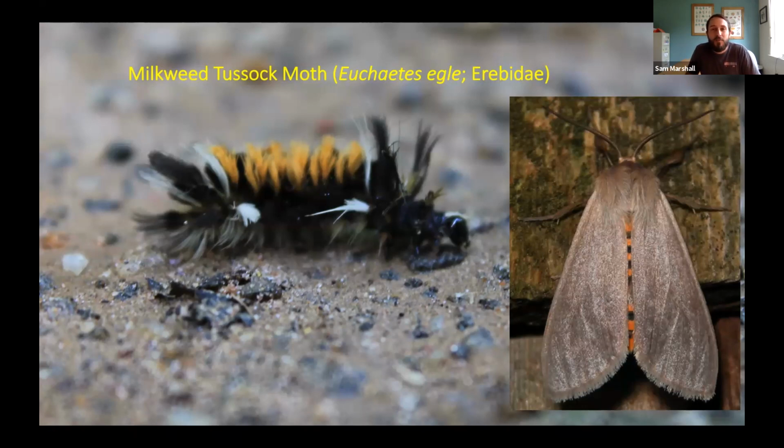As this moth is flying around at night, it will emit a series of clicks that interfere with the echolocation of bats, but it's also a warning signal. So the next time you're watching bats at night as they're coming out, keep in mind that you may have milkweed tussock moths out there that are letting the bats know, hey, this is an undesirable food source, so you want to stay away from me.